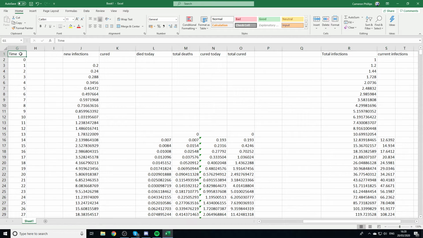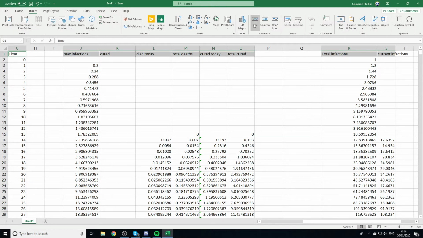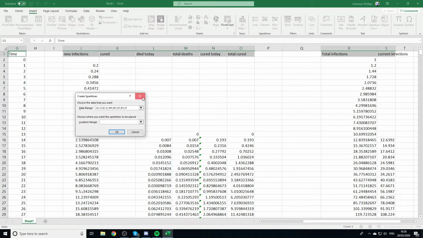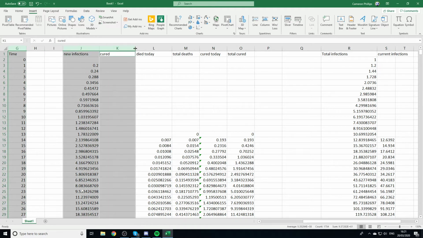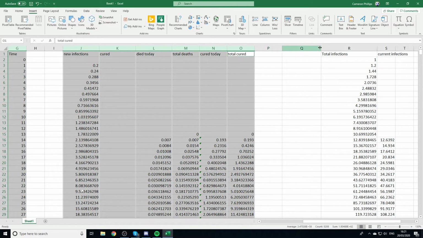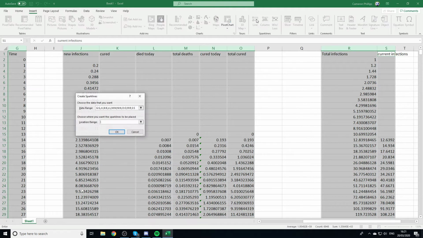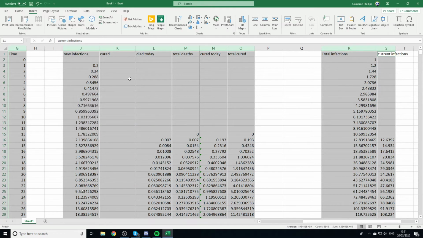So what have we done? Let's insert graph. Let's have a look at that. That's not worked. Let's try this again. No, it's not doing it as I want.